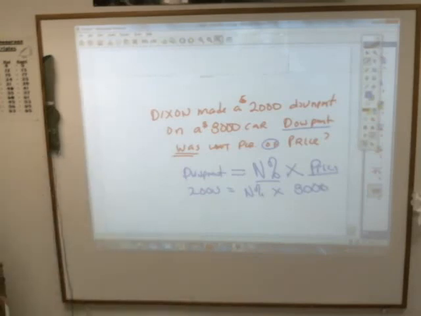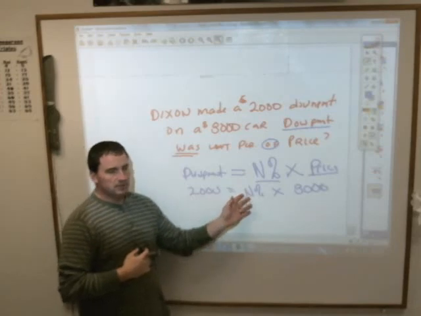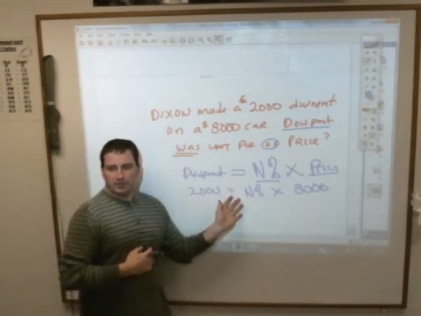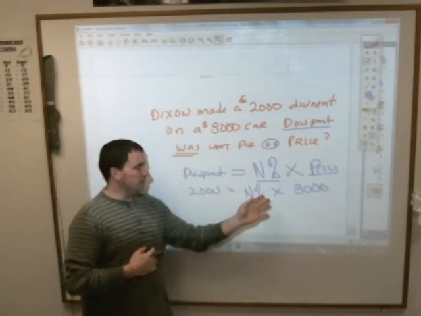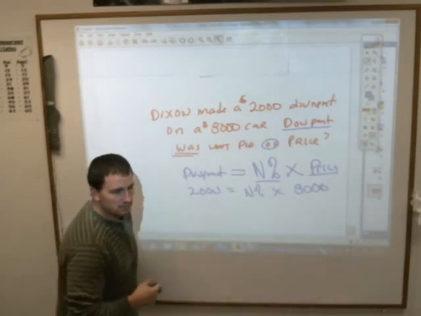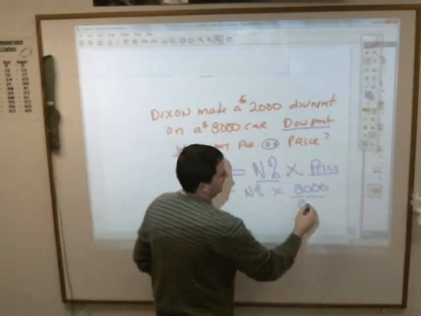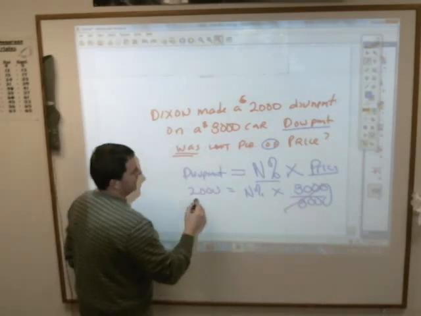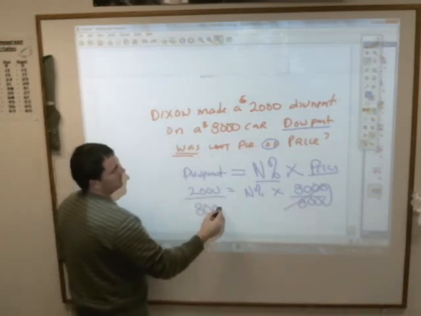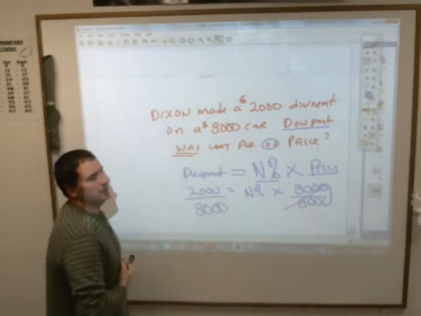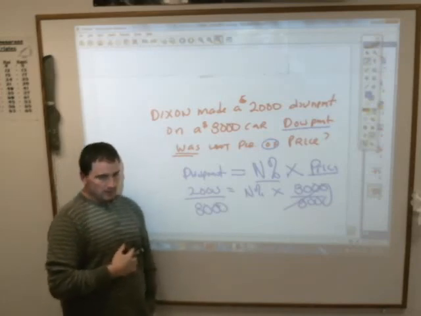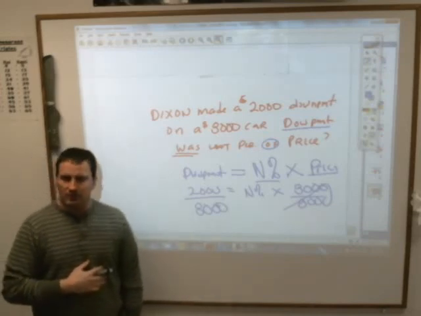How do I get the letter N by itself? Remember, I need to change it to a percent, by the way, when I'm done. What do I have to do to get rid of the 8,000 here, Lucas? Right, I divide by 8,000, and here is the fraction that I need to change into a percent. Any suggestions on how to do that?